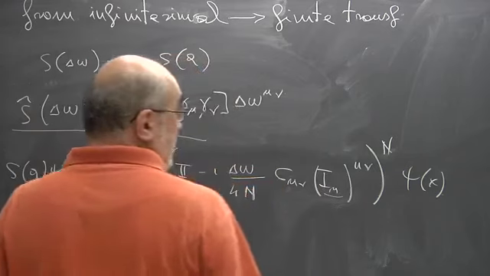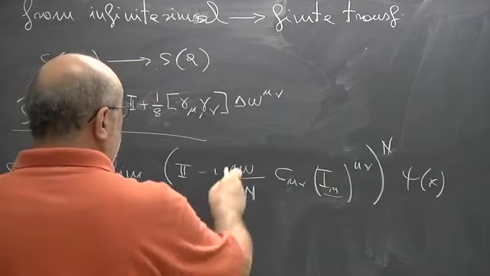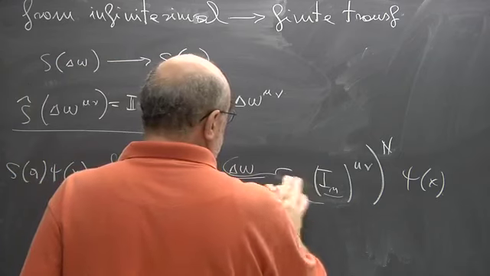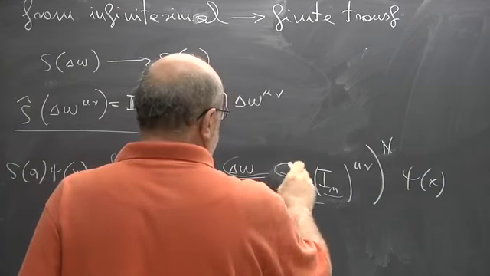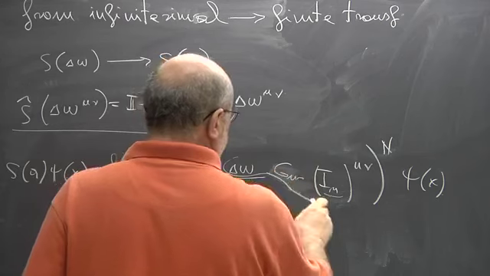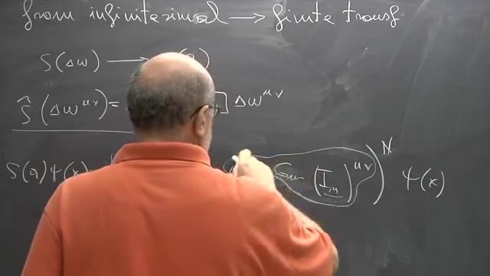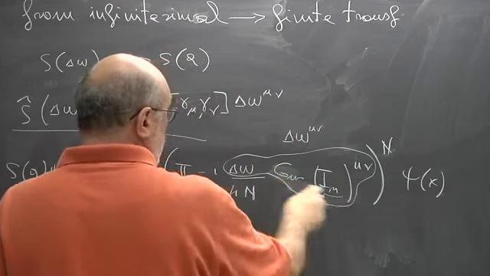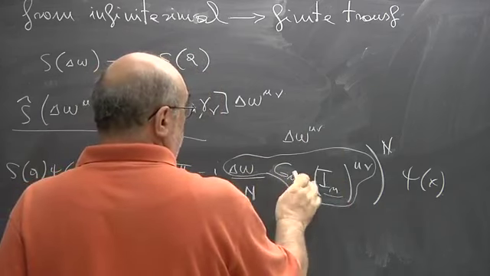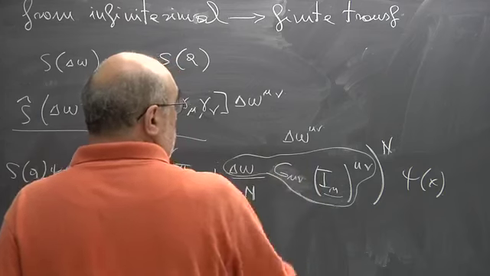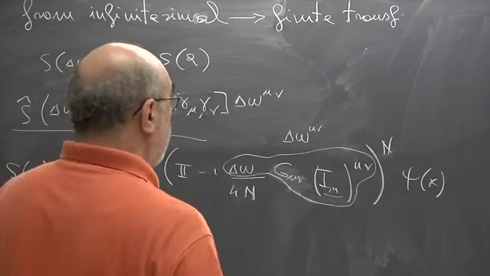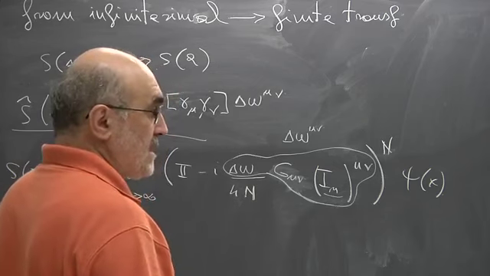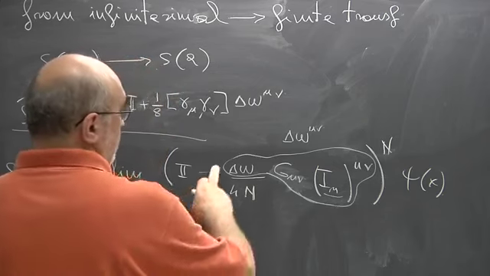This is the same matrix as before, because this object is the delta omega mu nu. Forget about these things. It's the same object that we had before, and I decided to do a very simple example in which there is only one parameter.